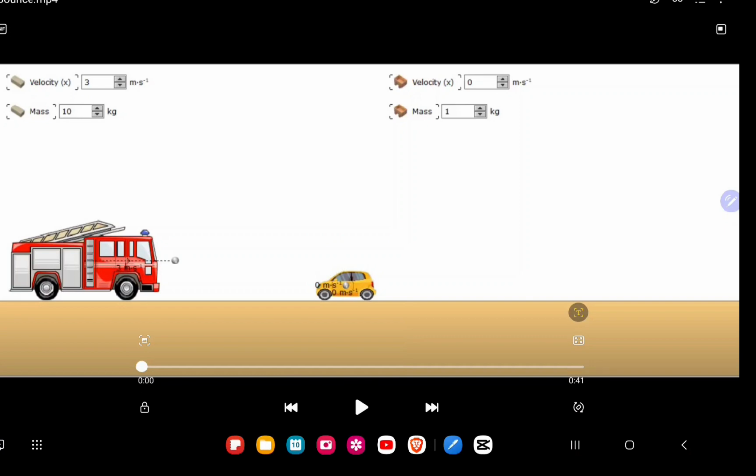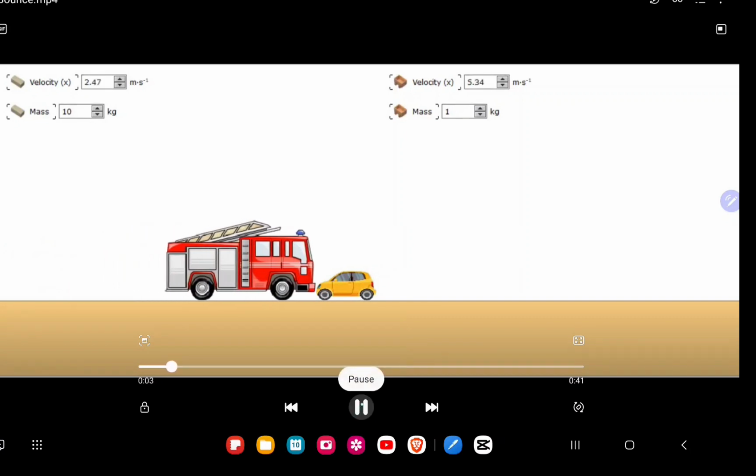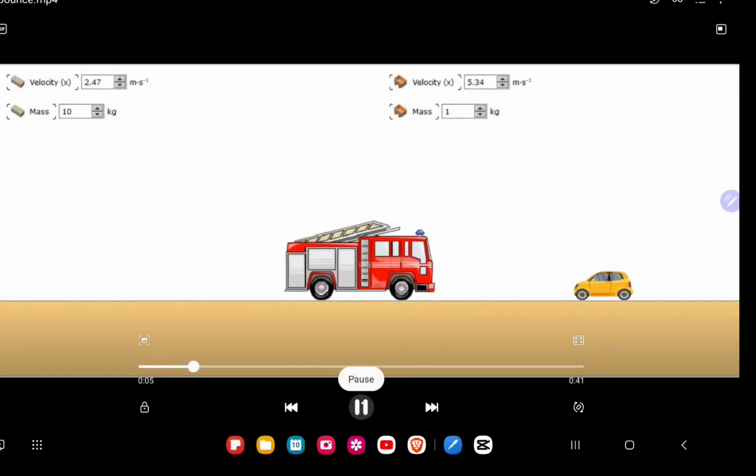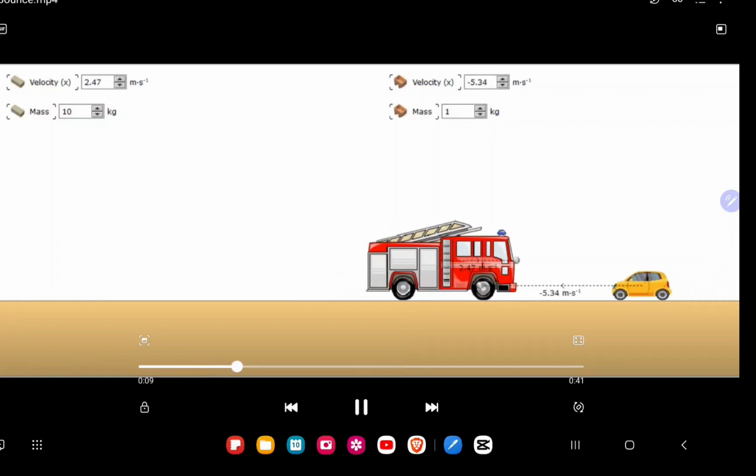So let's see what's going to happen. Look at the velocity here. It's almost 3 meters per second, or 2.5 meters per second. Now the velocity for the small car is double. So if this is v for the large truck, this will be 2v.